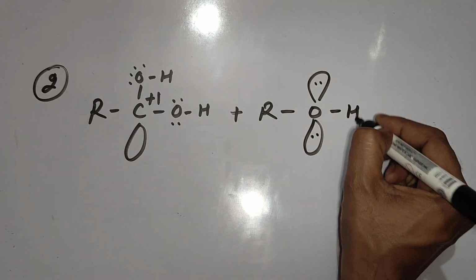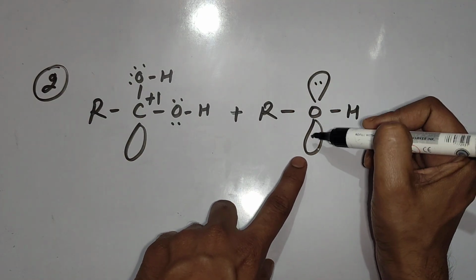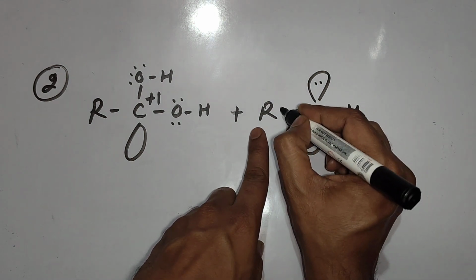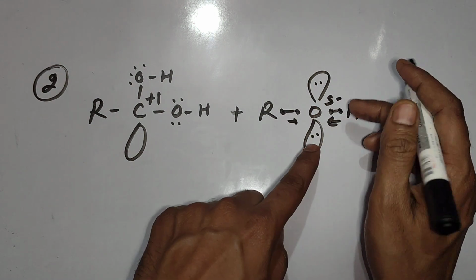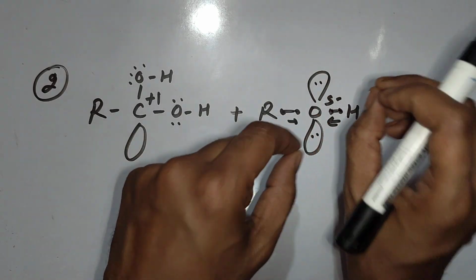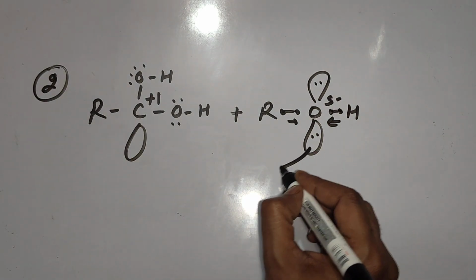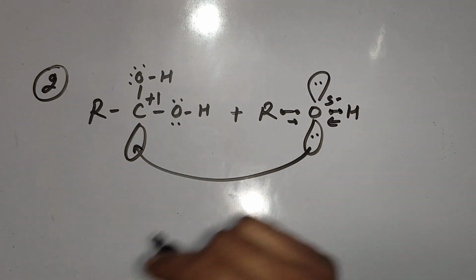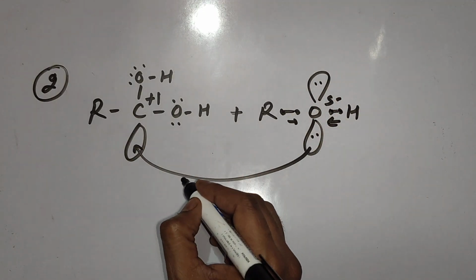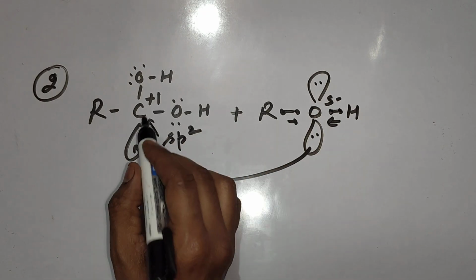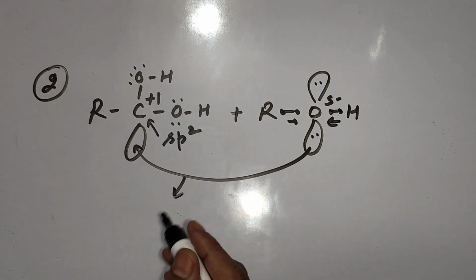Because in alcohol molecule, oxygen is available with a lone pair, and oxygen, due to higher electronegativity, is carrying a negative charge. So these lone pairs are easily donatable by oxygen. So oxygen will donate one pair to carbon, and which bond will it make? Dative bond. Note down, the hybridization of carbon is sp2 here. So this molecule is triangular.